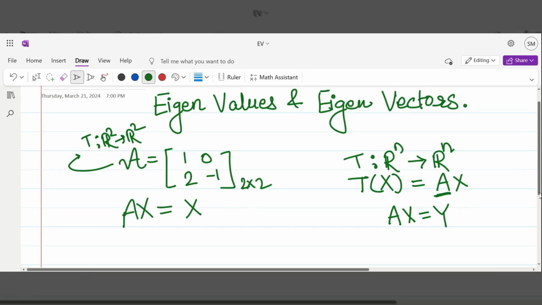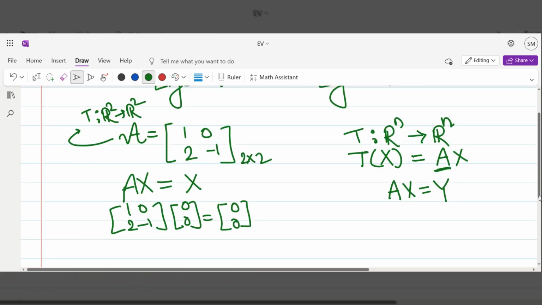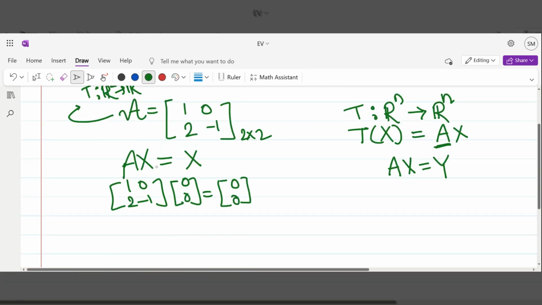Of course this is going to be satisfied for the 0 vector. If I say matrix 1 0, 2 minus 1 is operated on 0 0, the output vector is obviously 0 0. So purposely we are excluding the 0 vector and we are interested in finding non-zero vectors which satisfy this equality A into x equal to x.